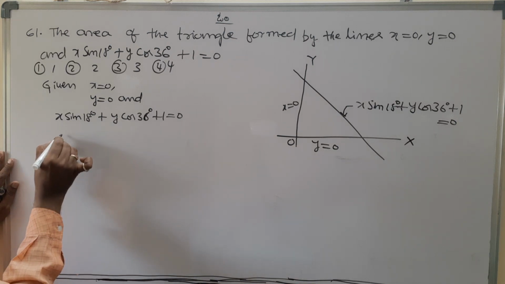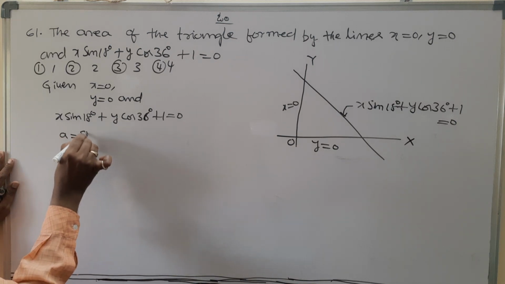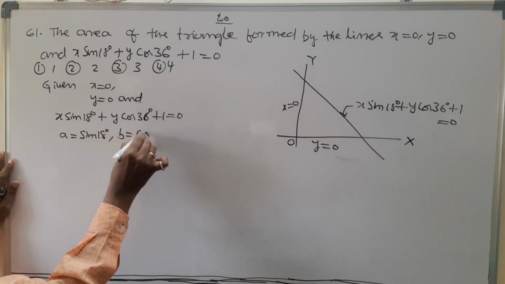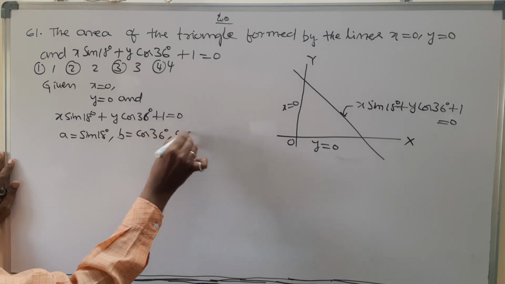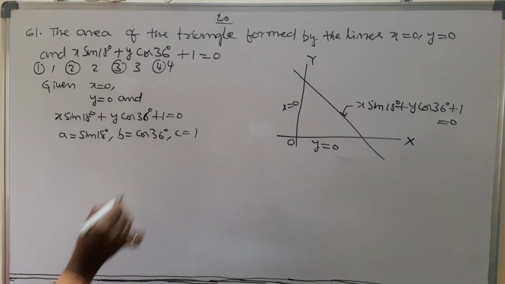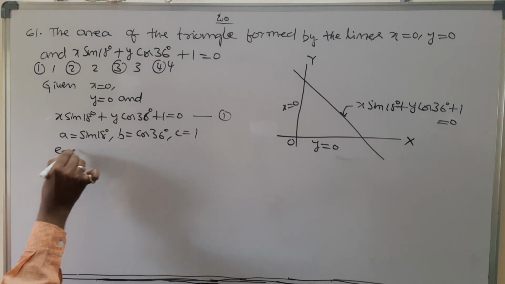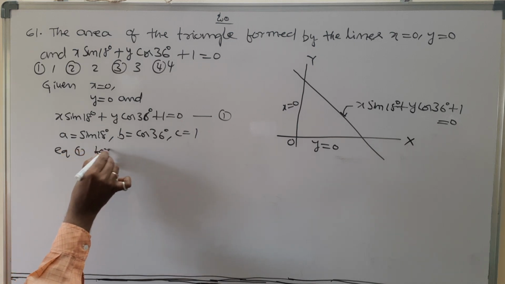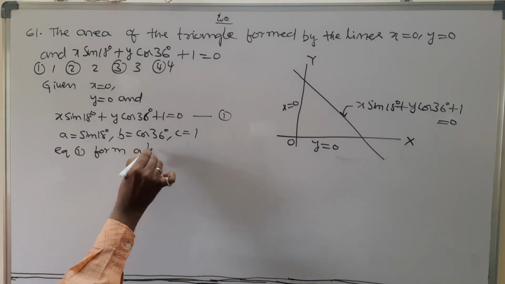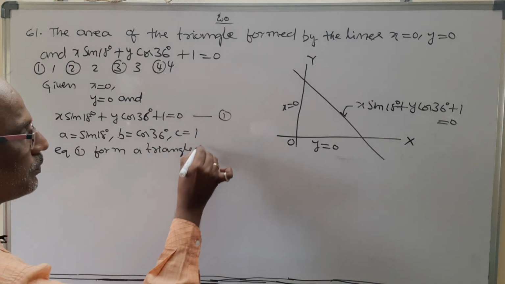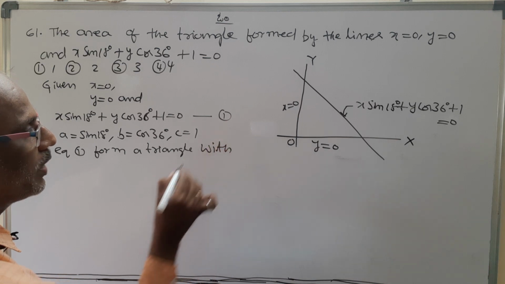Here a equal to sine 18 degree, b equal to cos 36 degree, c equal to 1. Let this be equation 1. Equation 1 forms a triangle with the coordinate axes.